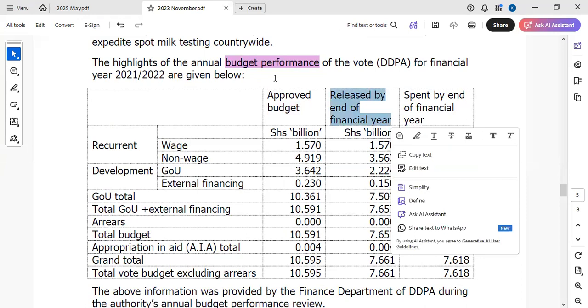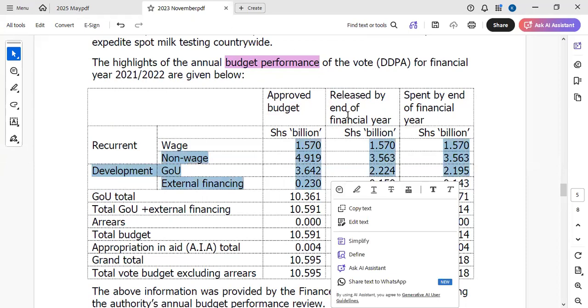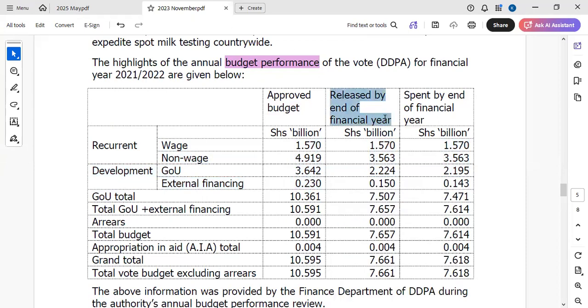As I had said, the government may approve your budget, the authority may approve the budget, the parliament may approve the budget, but what they release to you, it doesn't mean that the money is not there. The money is there, but the releases may be different.